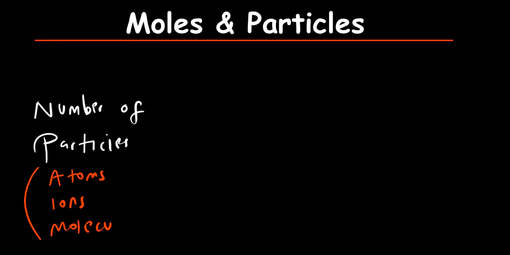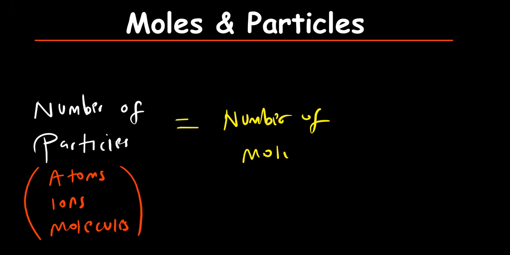So the formula is the number of particles equals the number of moles multiplied by the Avogadro's number, 6.02 times 10 to the power 23. Okay, so basically that. Now how do we apply this?